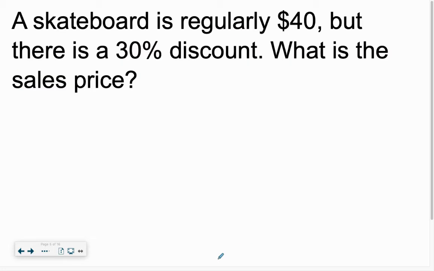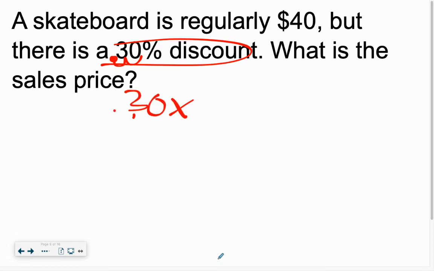Again, find out. Here's a skateboard, regularly $40, but there is a 30% discount. So since we got a 30% discount, bump, 0.30 of the regular price, $40. Mental math, calculator approved, but don't stop there. Step 1 was to multiply.